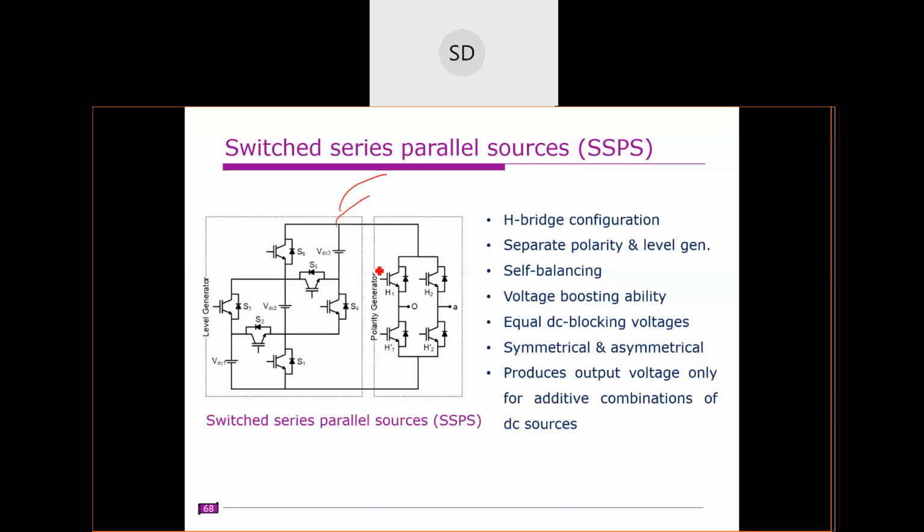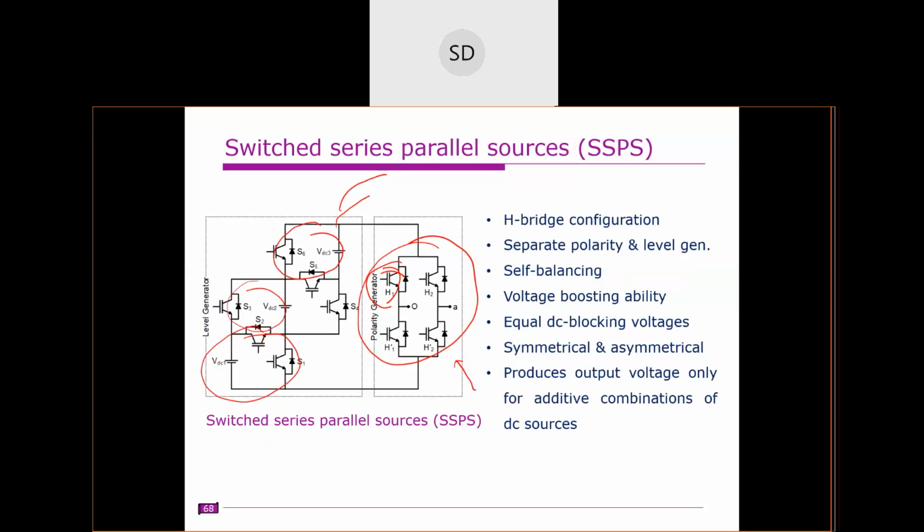The polarity generator, whatever we discussed for MLDCL, the same applies here also. The blocking voltage of each switch is equal to this: H1 is equal to the sum of the DC sources, whereas here its blocking voltage is VDC1, and its blocking voltage is VDC2, and its blocking voltage is VDC3. Okay.